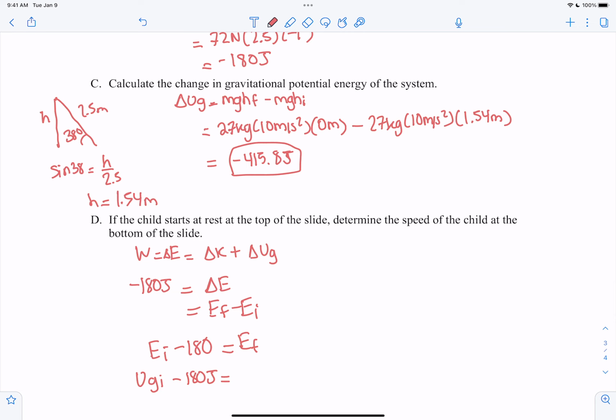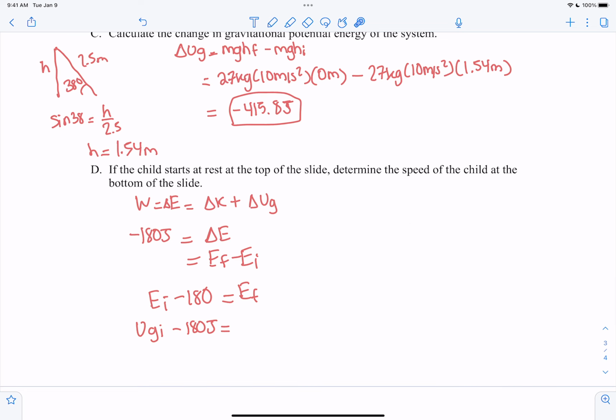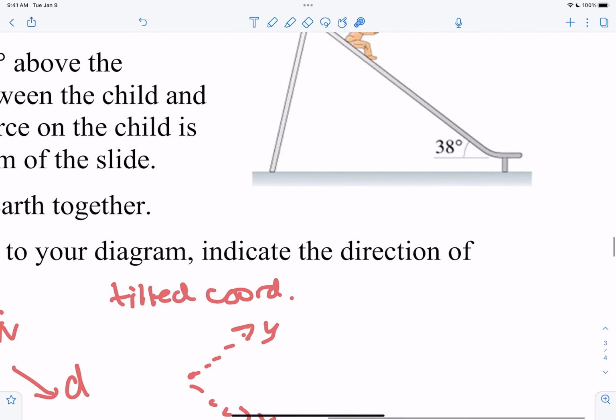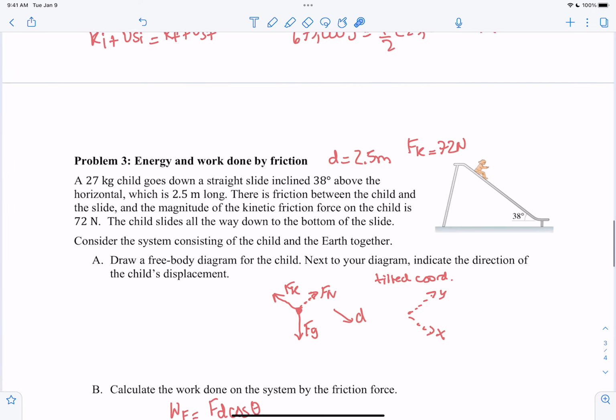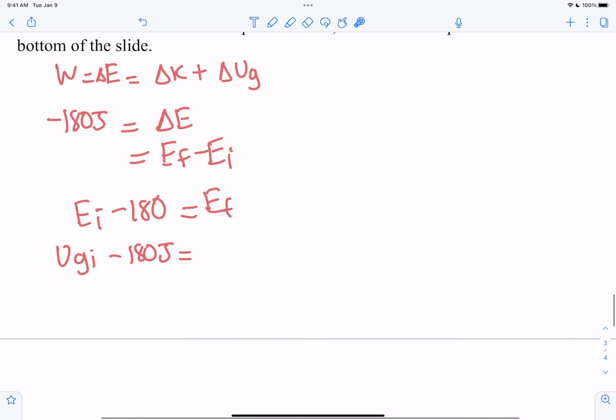That's going to be only kinetic and no potential at that point, because once you reach the bottom of the slide, you hit a height of 0, that arbitrary 0 point that we made, and so mgh, if h is 0, then your gravitational potential energy is 0. So for your final energy, it would normally be UGF plus KF, and UGF is 0 because you're at height 0, so it's just equal to KF.